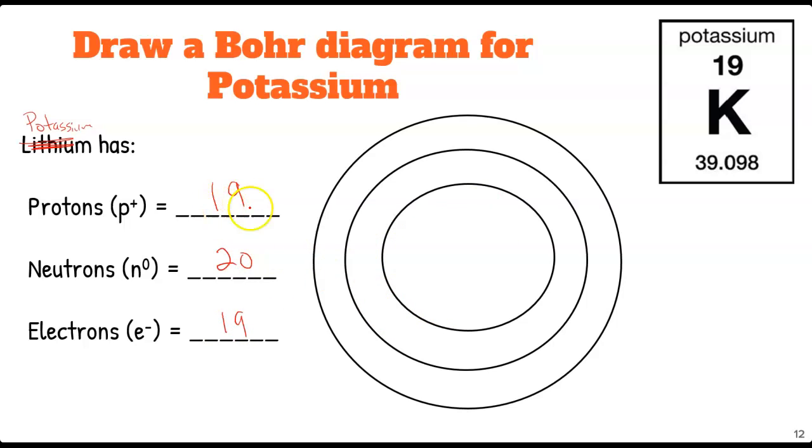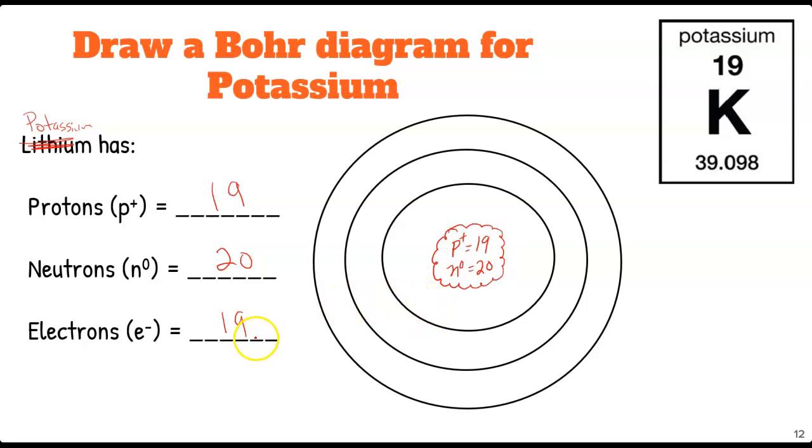Well, it's too much to draw 19 protons and 20 neutrons. So what we do is we label it. We're going to put the symbol for protons. We're going to say we have 19 of them in the center, right? So this is our nucleus in the middle. Draw the symbol for neutrons and say we have 20 of them.